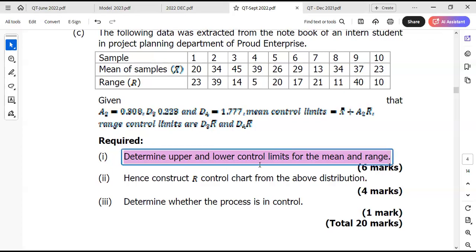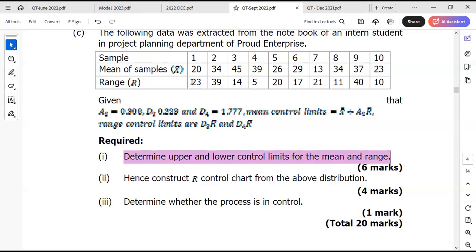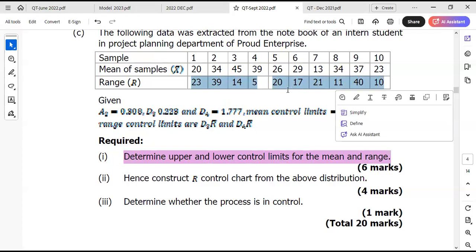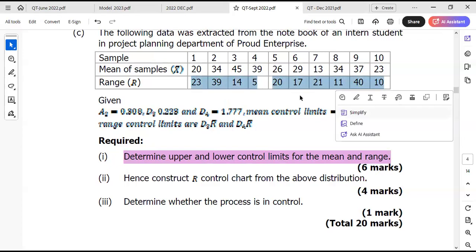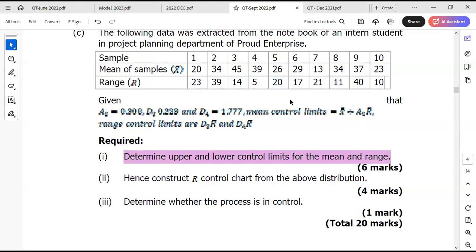Here, the first step you will need to do is always first to get the average range. It can save you. How do you get the average range? You add these ones, then divide by the number of samples. You get 23 plus 39 plus 14 plus 5, like that. Then the answer you get divided by 10. First get the average range.